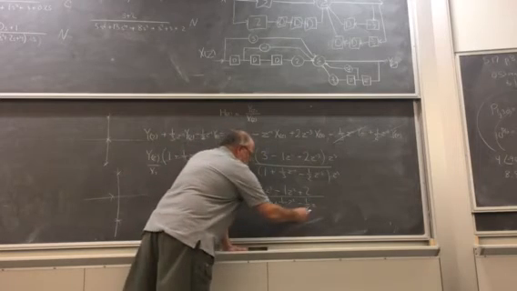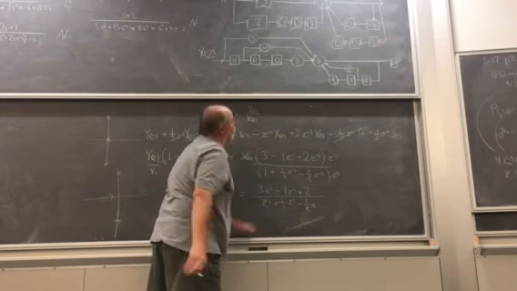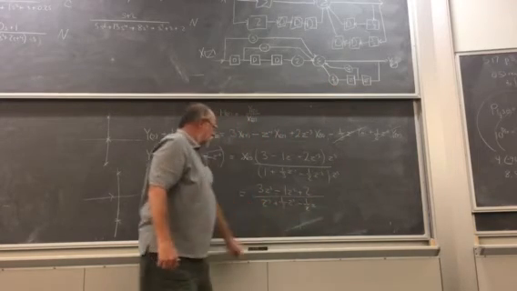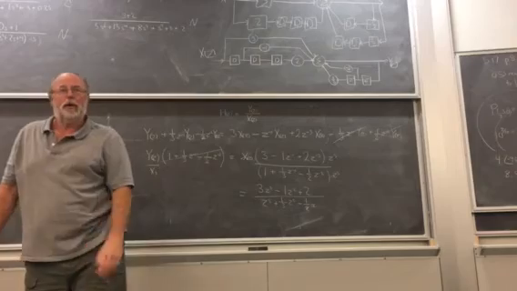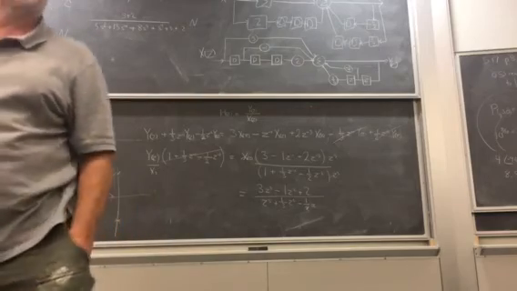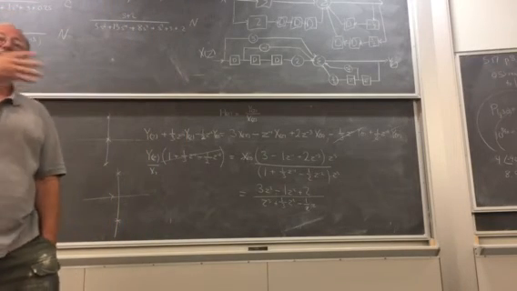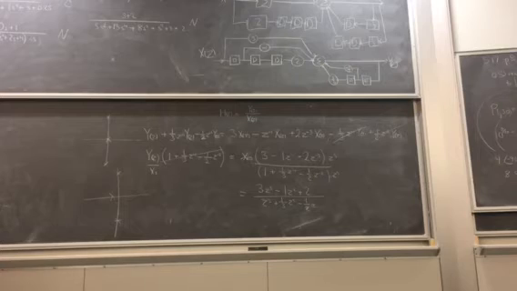Notice that these terms here come from the feedback here. So if they didn't exist, all my poles would be where? Outside? No, at the origin. So if you just have a system that feeds forward and doesn't have any feedback, you don't generally have anything but poles at the origin.